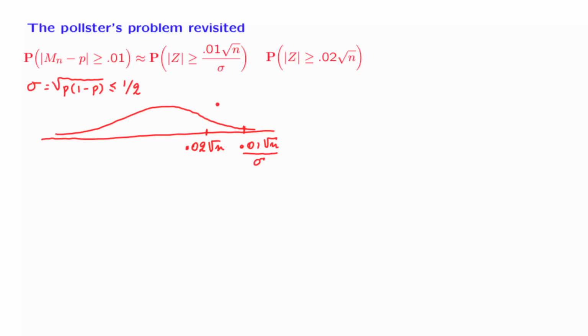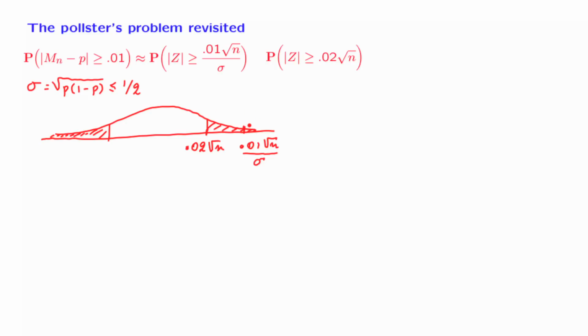Since the inequality goes this way, now we can compare these two events. This event, that z is larger in absolute value than this number, is the probability of this tail of the distribution, and we will have a similar probability from the other end of the tail.